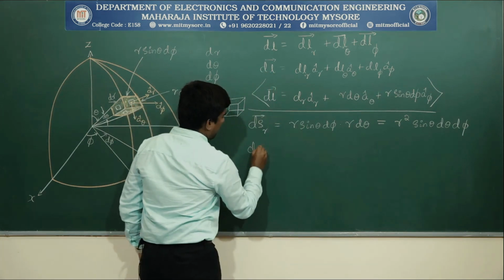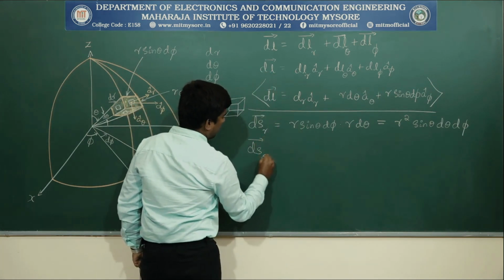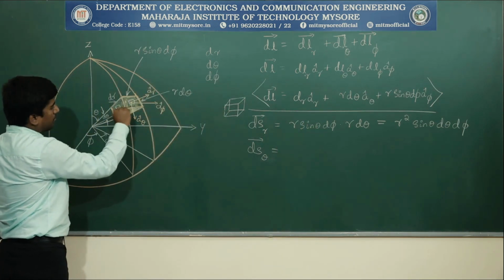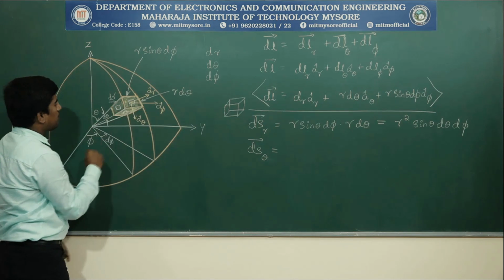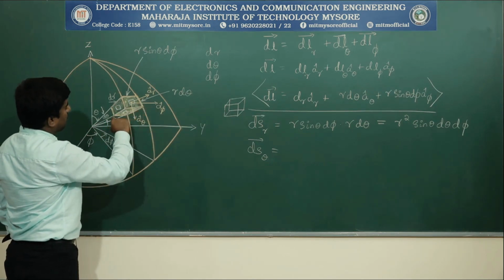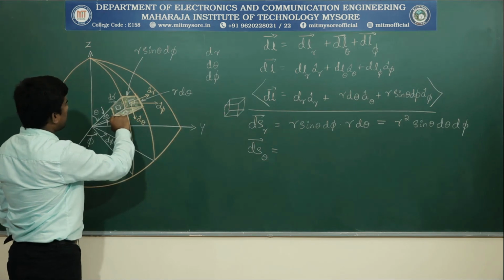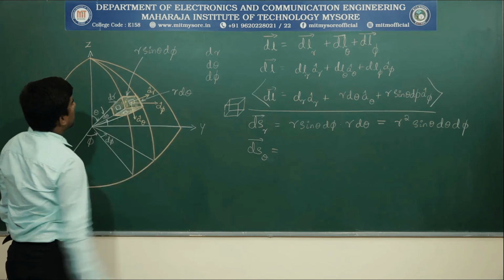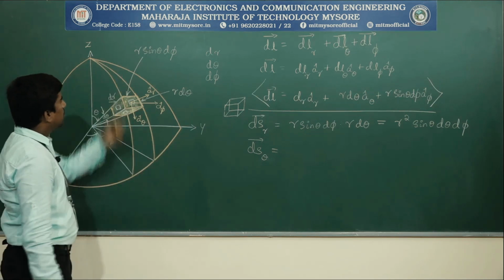Similarly, differential surface area with respect to theta is, we need to consider the bottom surface. For the bottom surface, which are the things? Length into breadth. This is dr, and this distance is r sine theta into d phi.